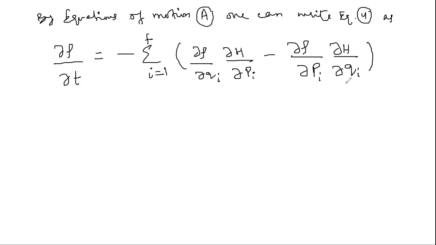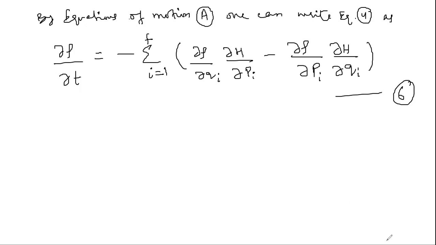Let me name it equation 6. What we have done, we have used equation A to rewrite equation 4 as, let me check it first, dou rho by dou t is equal to minus summation i to f, dou rho by dou qi, dou h by dou pi minus dou rho by dou pi, dou h by dou qi.